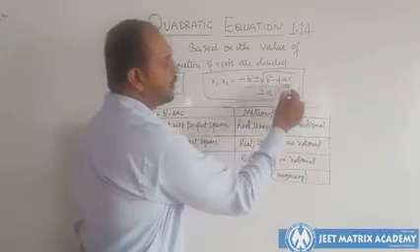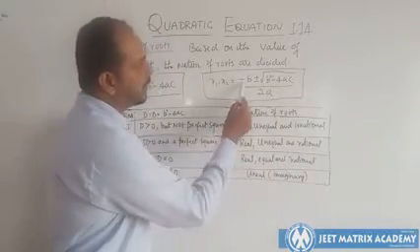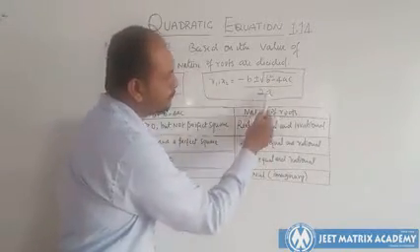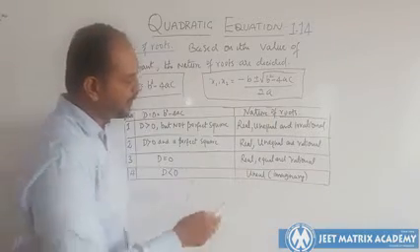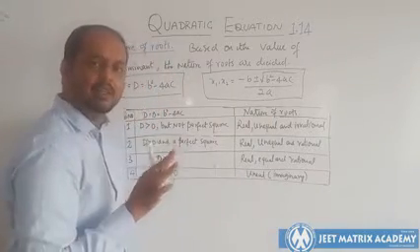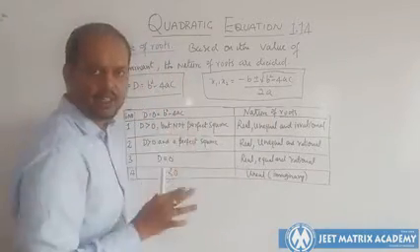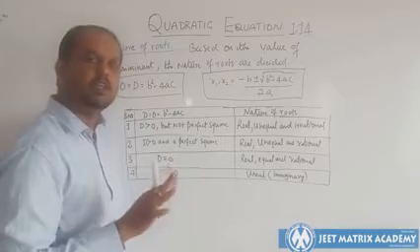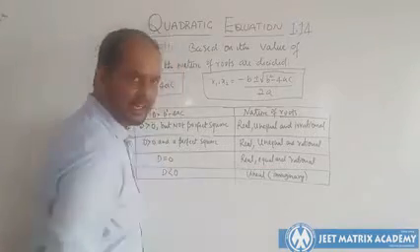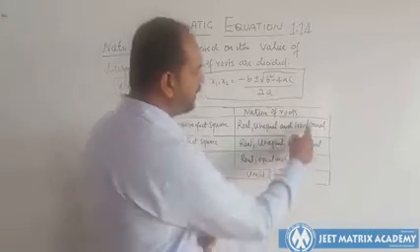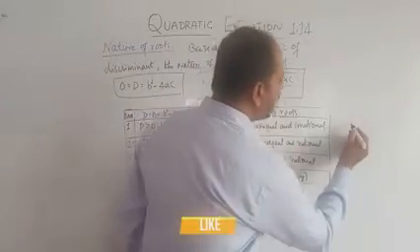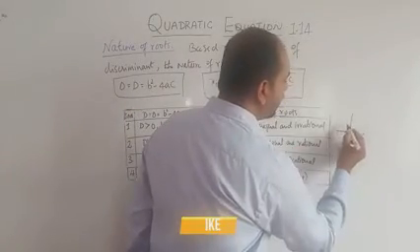If there is no such value, we get only one value, that is minus b by 2a. So we say it is real and both the roots are equal. If d becomes 0, both the roots are equal and rational. And remember, in these two cases, your graph will be like this.